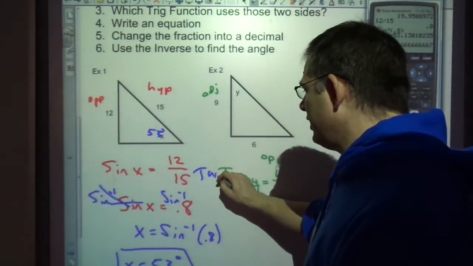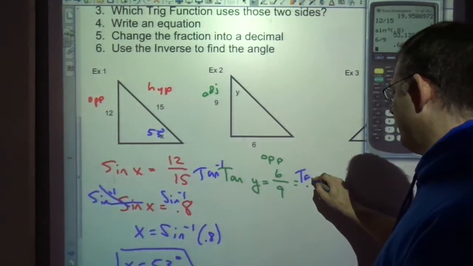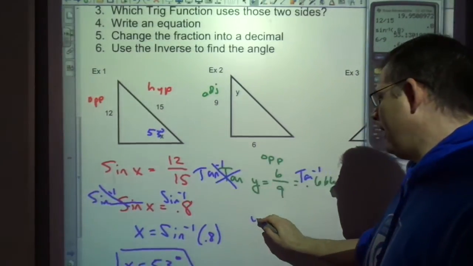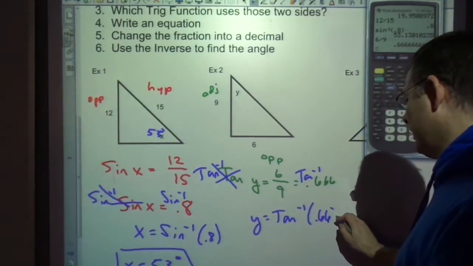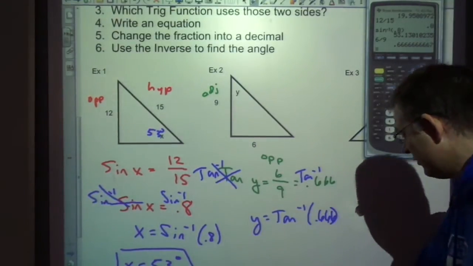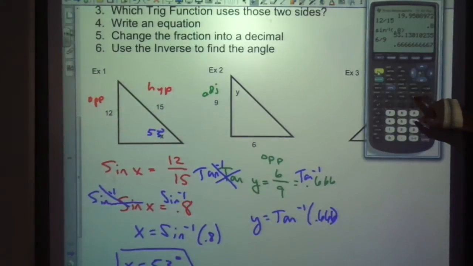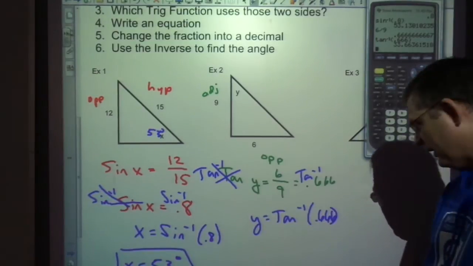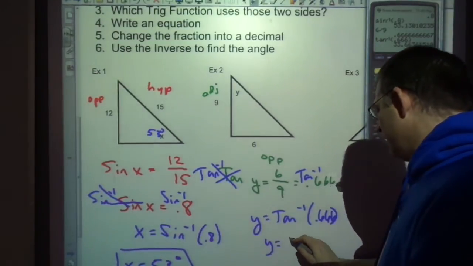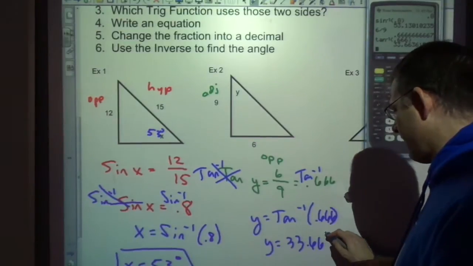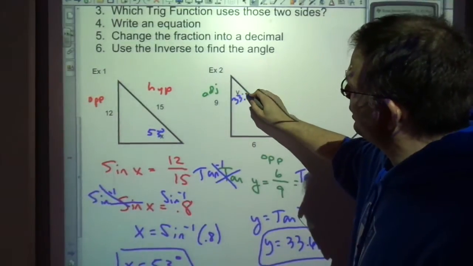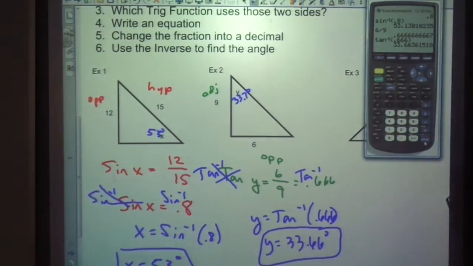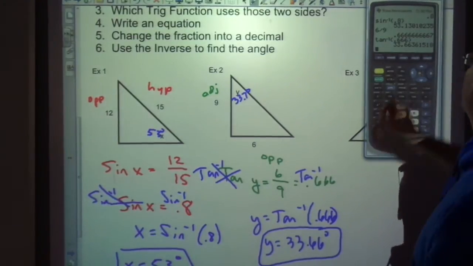So we'll do inverse tangent. So y equals inverse tangent of 0.666. So I'll go on my calculator. Inverse tangent of 0.666 is 33.66. So y equals 33 point, and usually we can round that to one decimal place, the tenths.